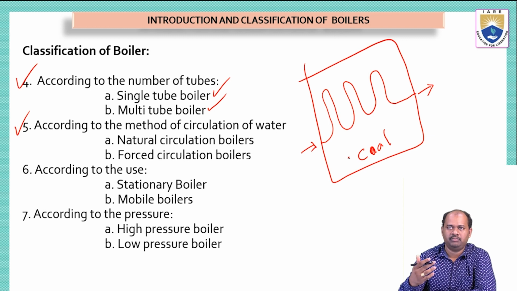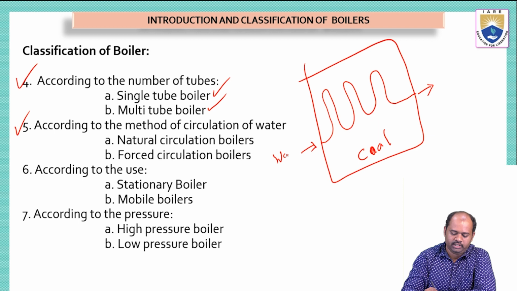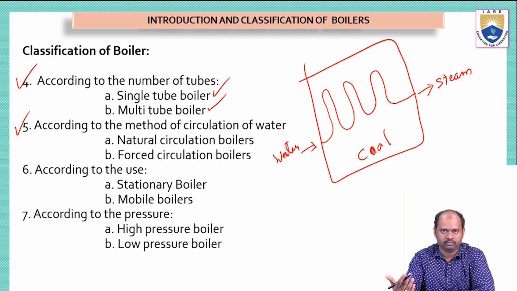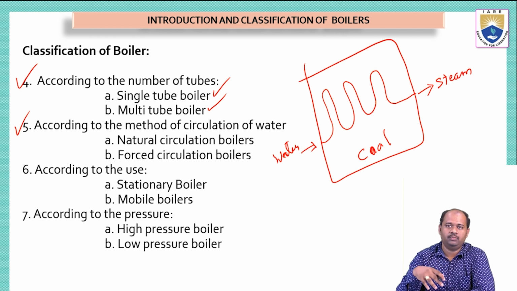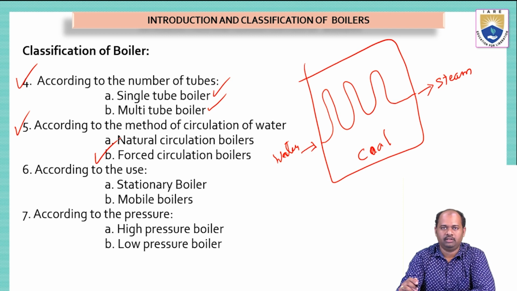We will supply some heat. When the water is flowing through the tube, on one side we make the water enter the tube, and on the other side we can collect steam. Different situations will require us to make the water flow into the tube forcefully. Then it is called a forced circulation boiler.